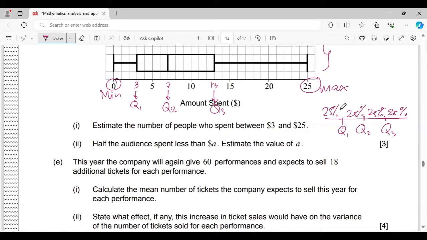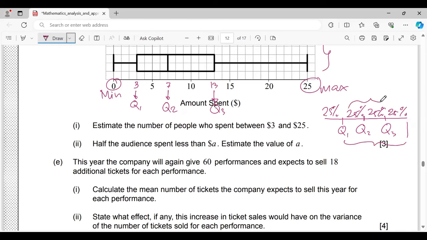Right. So look at $3 and $3.25. This from 3 to 25 means from Q1 to the maximum, until here.